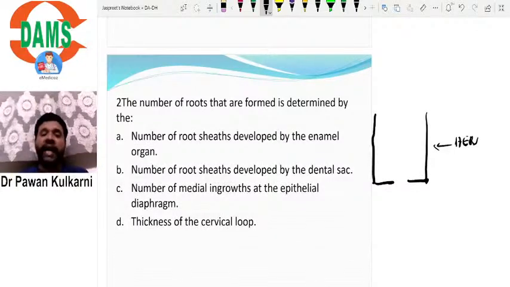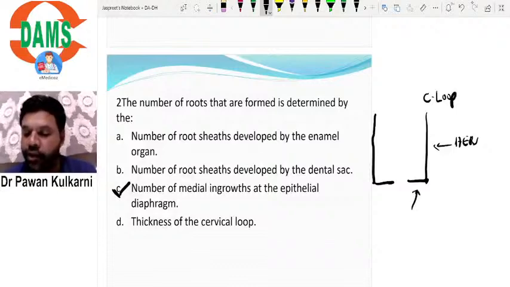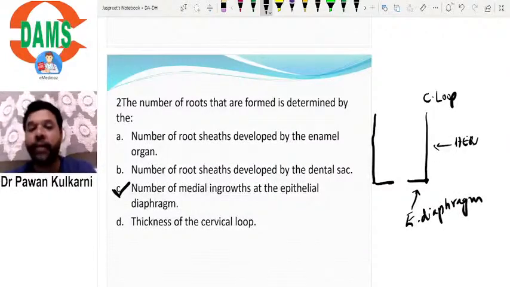Depending upon the number of diaphragms that form, that decides the number of roots. So the cervical loop will become HERS, and that HERS will further show medial growths, called epithelial diaphragm. So the number of diaphragms decides the number of roots.